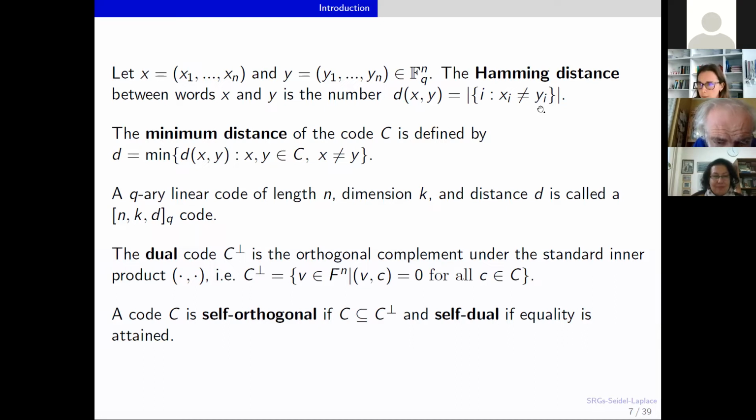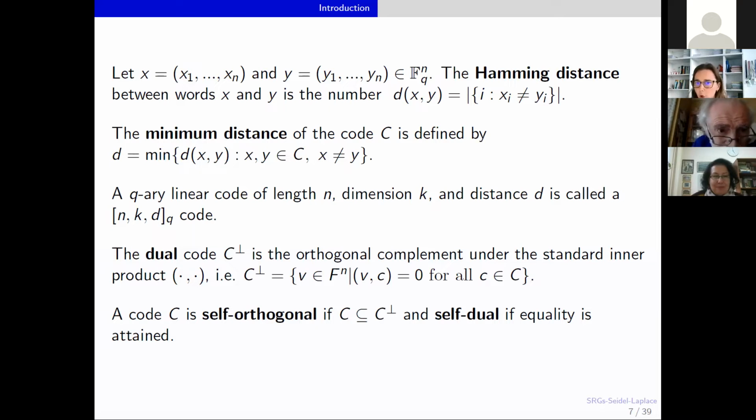The minimum over all the Hamming distances between every two code words from the code C is defined to be the minimum distance of the code C. If you have a q-ary linear code of length n, dimension k, and distance d, then we will denote it as an [n,k,d]_q code.